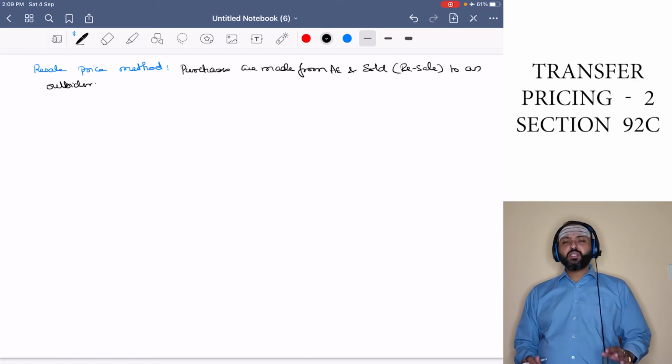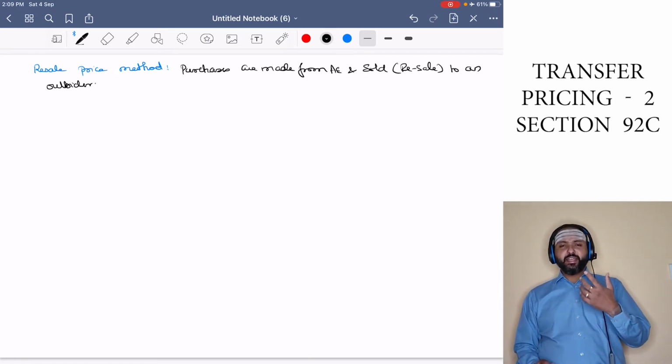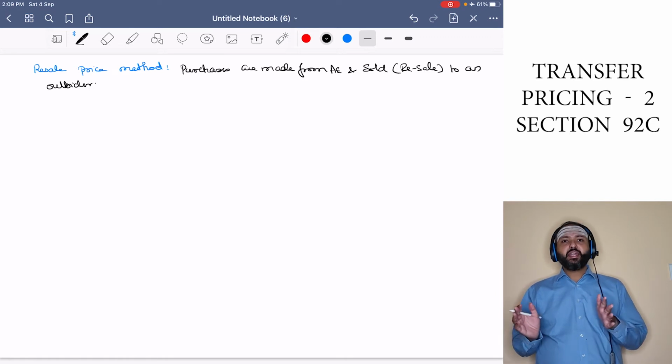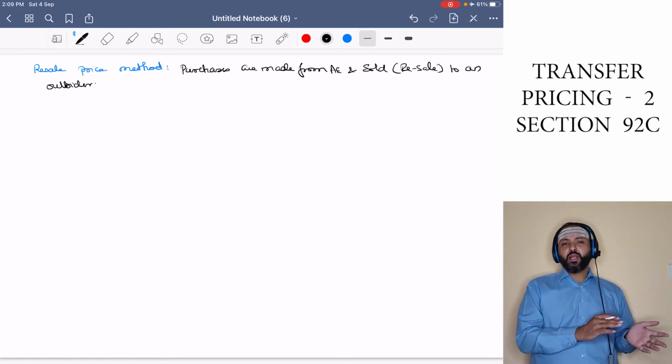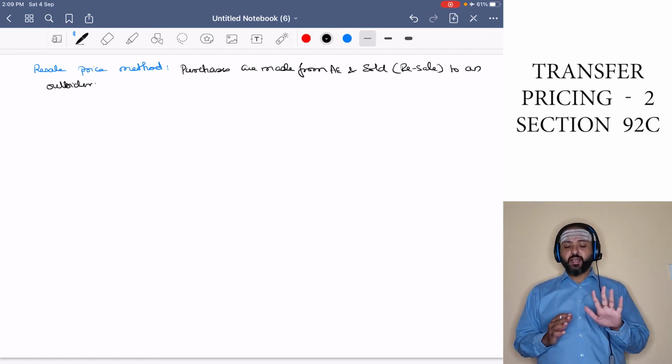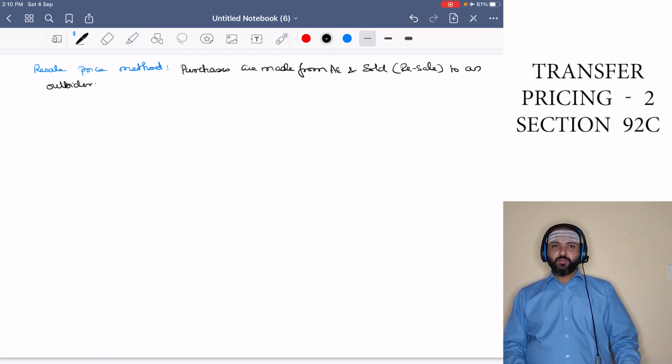So this is predominantly like a trading activity. You purchase in lots from your associated enterprise and you entirely sell the lot to an unrelated party in India. So this is the case where you will apply the resale price method.